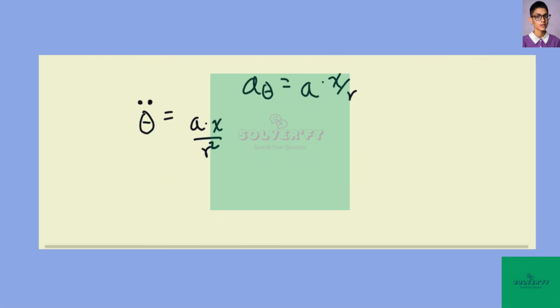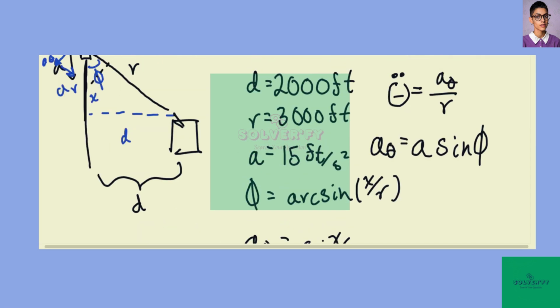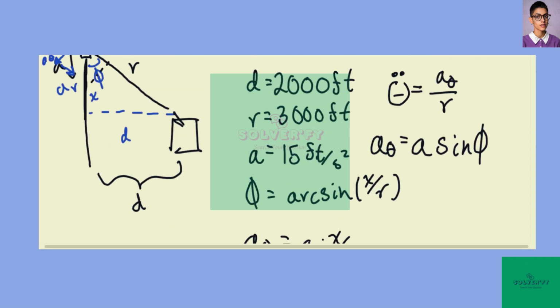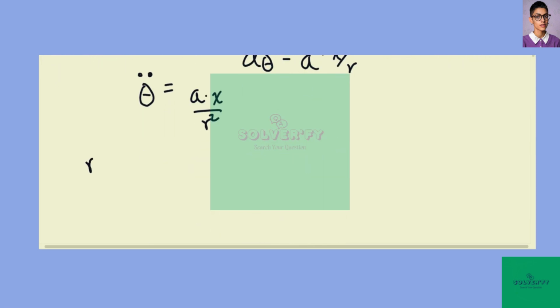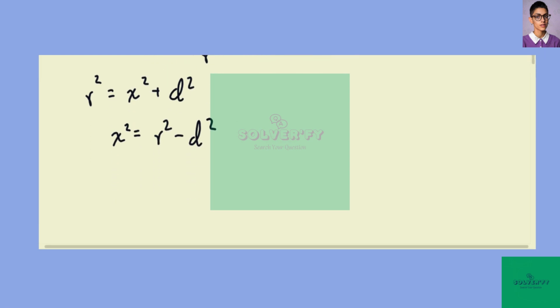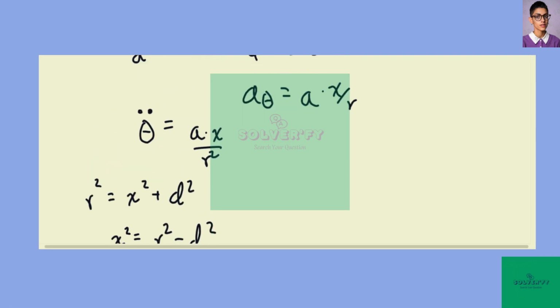So we only have to find x, which isn't too difficult since this is a right triangle, so we can use the Pythagorean theorem, where r is the hypotenuse. So r squared equals x squared plus d squared. X squared is then r squared minus d squared, and therefore x is the square root of r squared minus d squared.